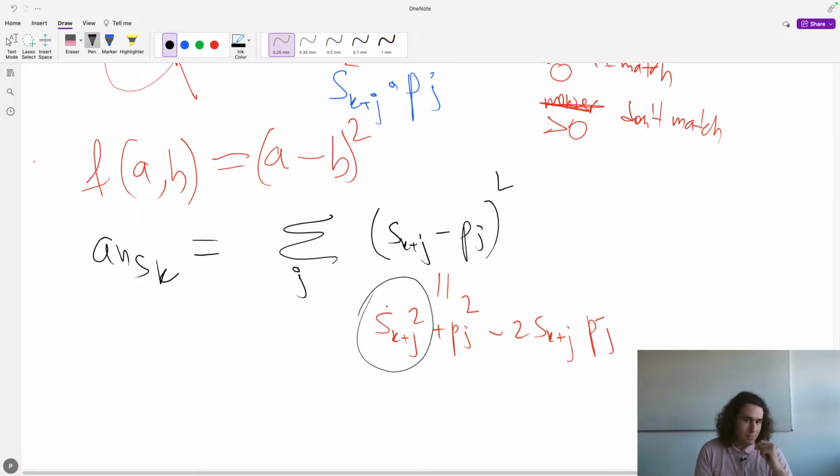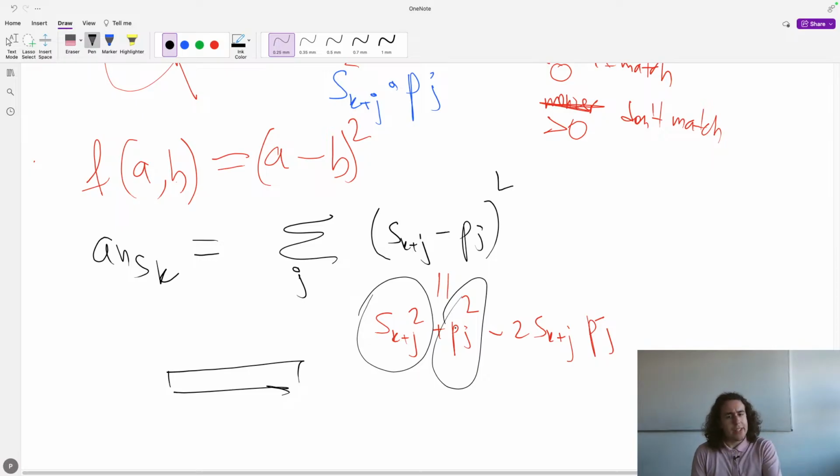Actually, the first term only depends on s, so this is simple to add to the answer. It's just the sum of squares of s on this segment. So we just square all the values of s and take a sum on the segment. Again, we take all squares of all the values on p, and then we just subtract, right?